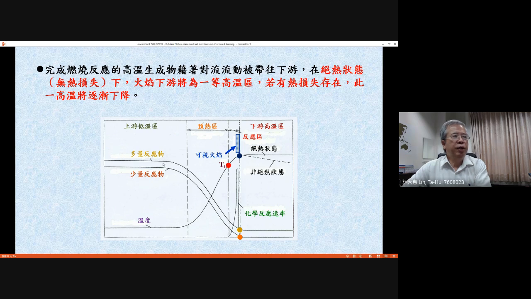For the upstream regions, the reactants, both abundant and deficient reactants, remain the same since they do not have any possibility to react. But when they approach the preheating zone, they start to have some thermal decomposition and produce some intermediate species.